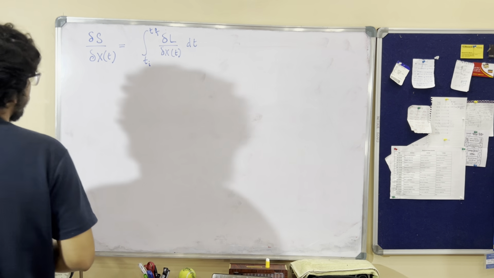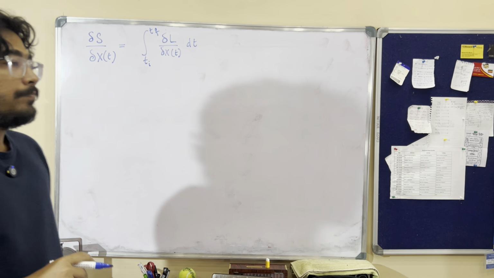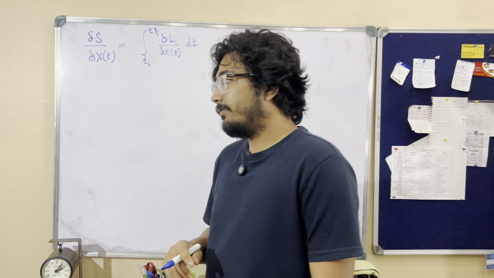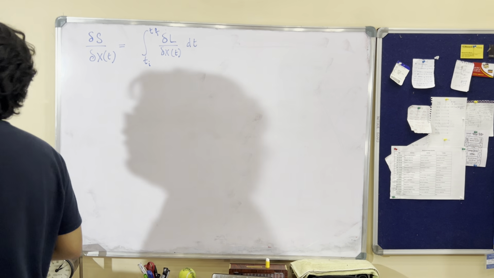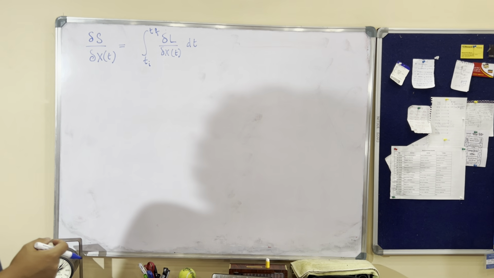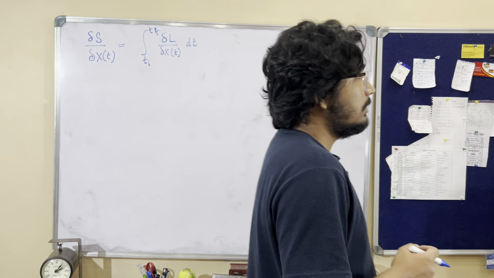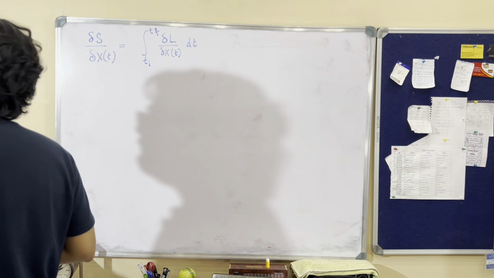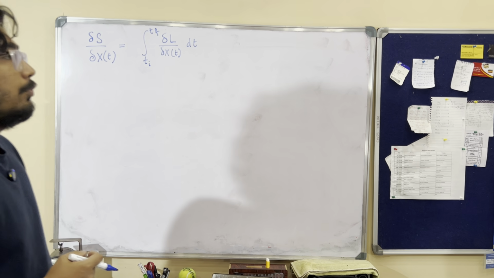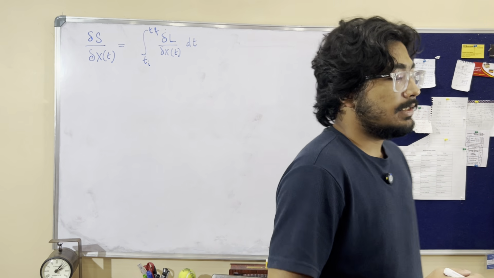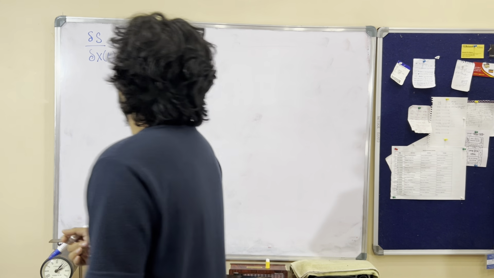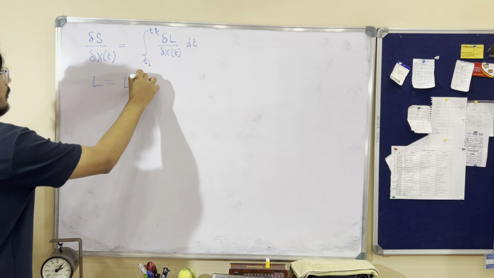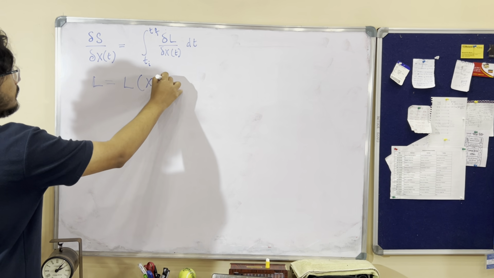Now, the Lagrangian L is made up of the kinetic and the potential energy terms, and the kinetic energy is depending upon the time derivative of x, and potential energy depends upon x in our case. And so we can say that Lagrangian in general is a function of x and x dot.